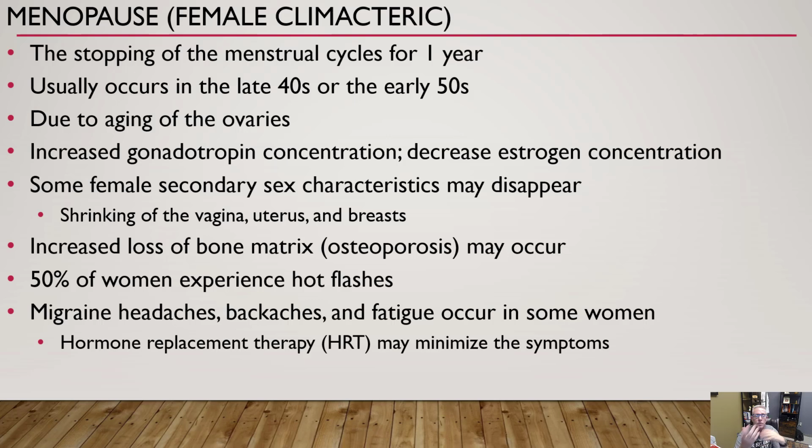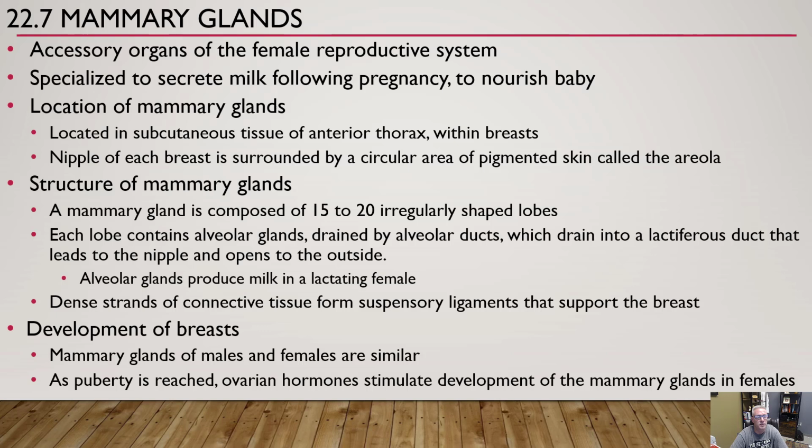More than 50% of women experience hot flashes. Migraines, headaches, backaches, and fatigue are some more signs and symptoms, and hormone replacement therapy can help minimize some of these symptoms that you feel.